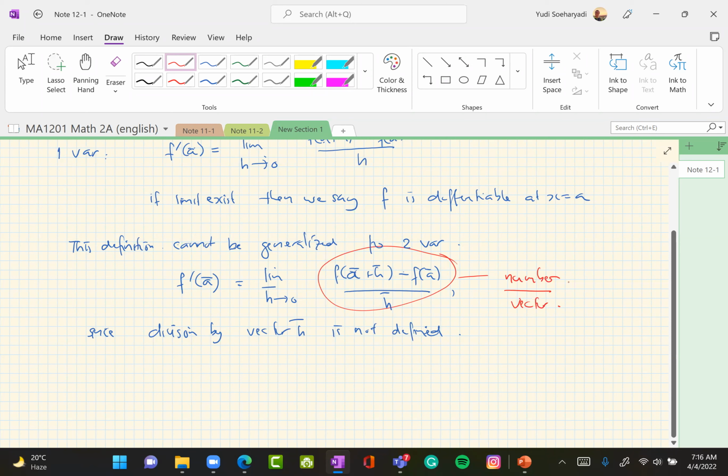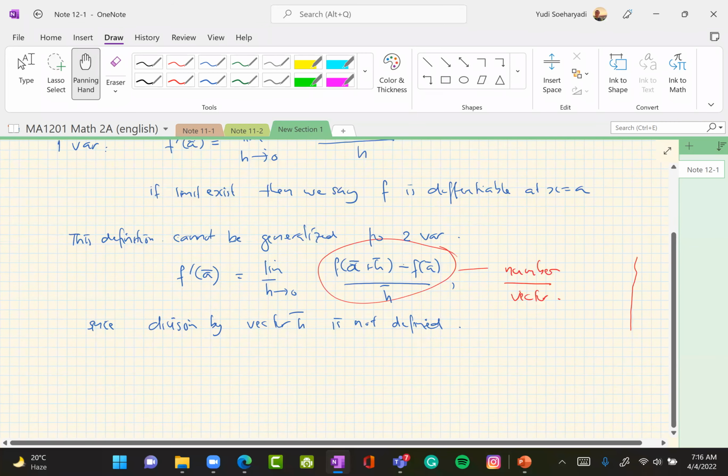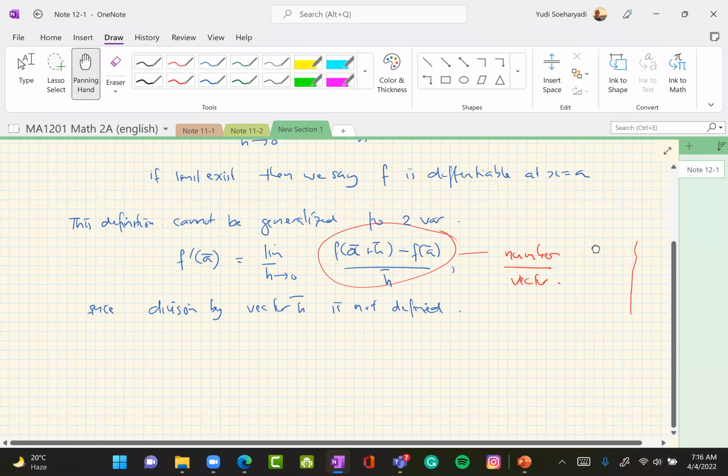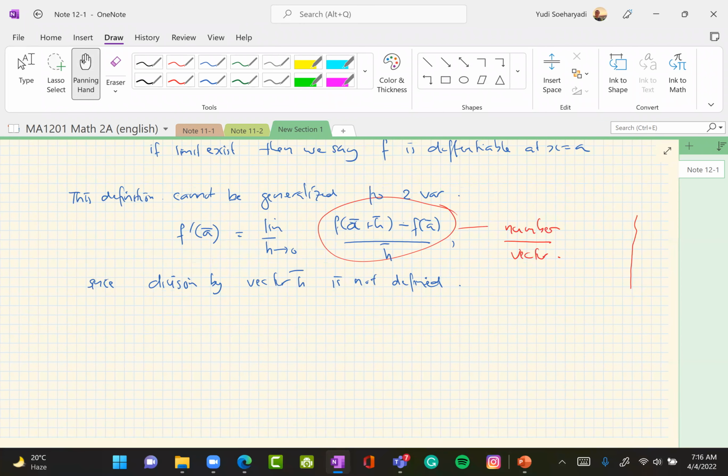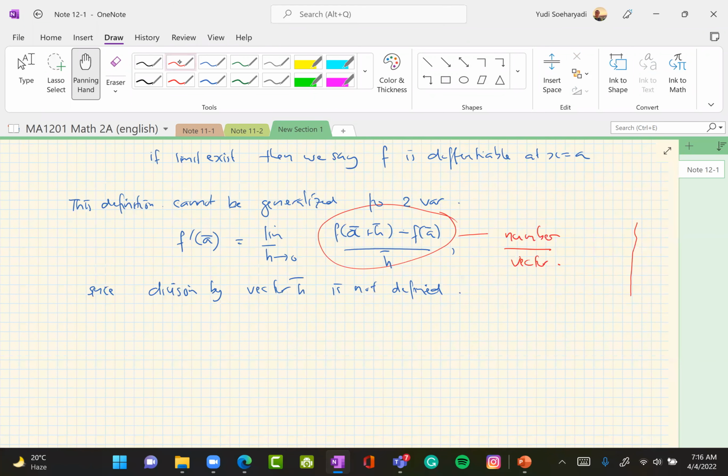So somehow we have to modify the definition first.